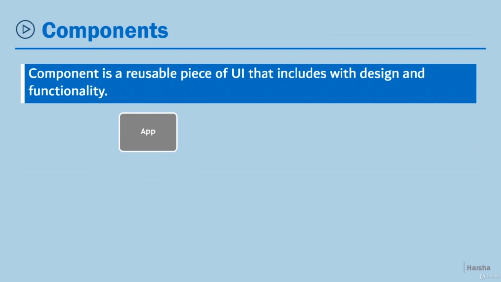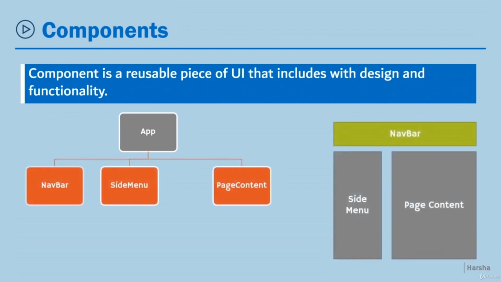By default, every application should contain a root level component that is called the app component. Eventually, this app component may have children. For example, in a real-world application, we have various sections such as navbar, side menu, and page content, and those are represented as child components.